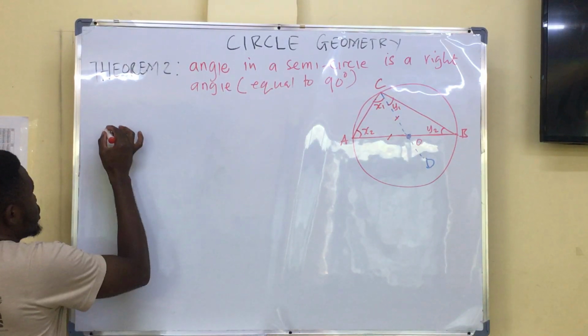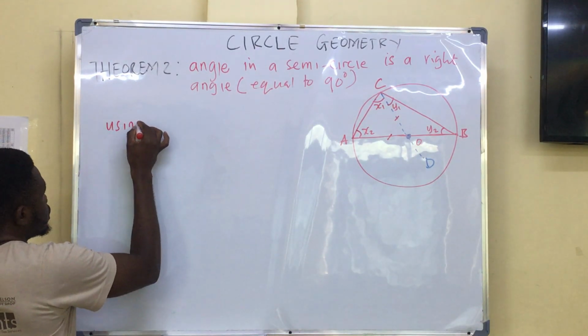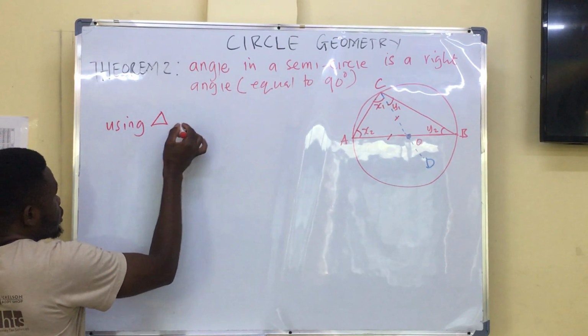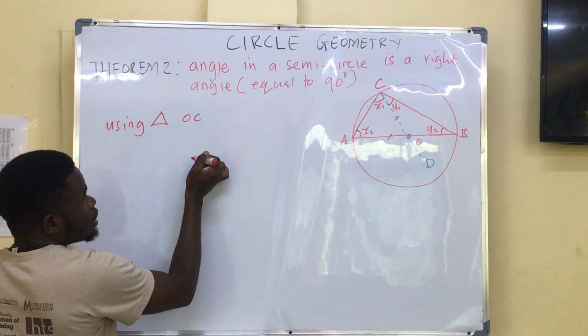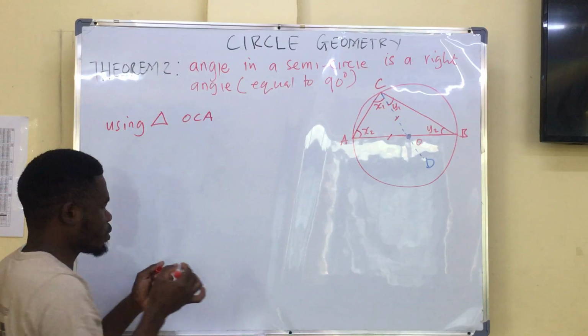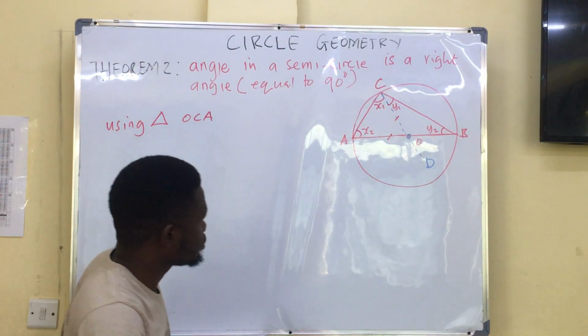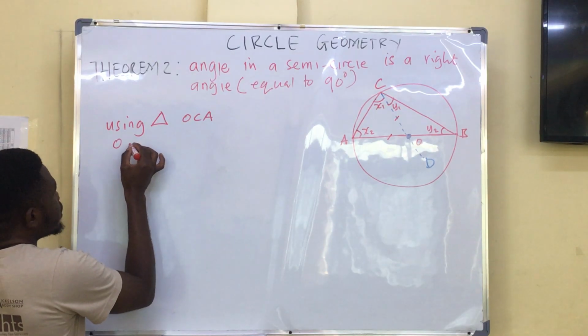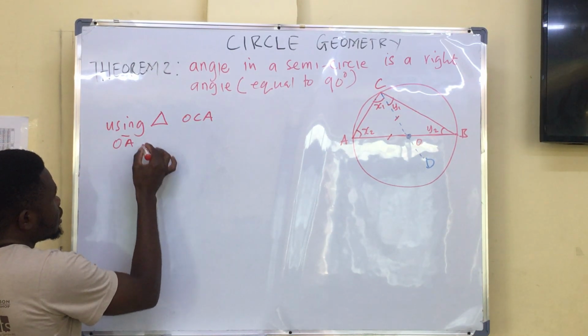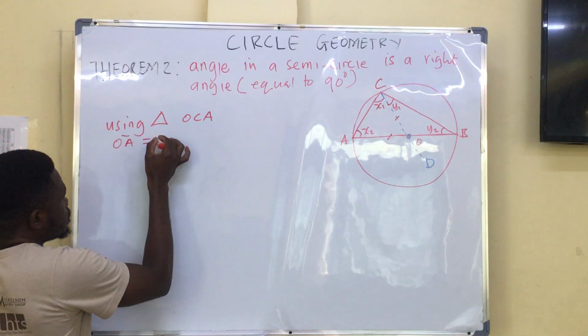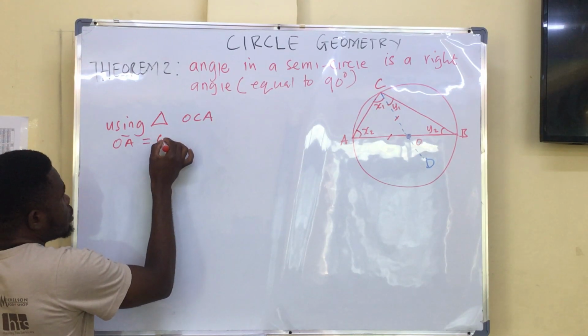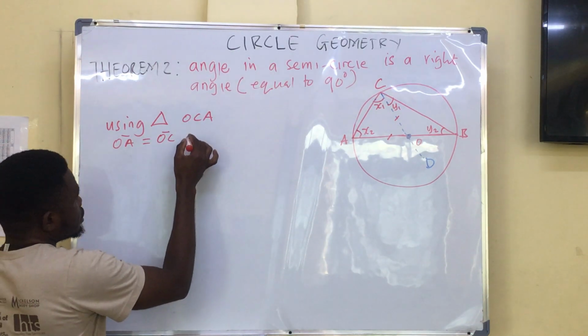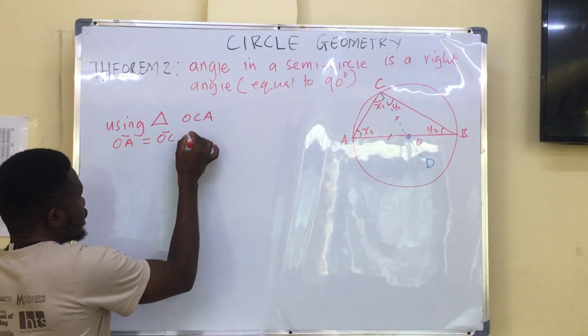So here I will start using triangle OCA or OAC. It's fine. We know that line OA is equal to line what? Line OC. Reason: radii, right?